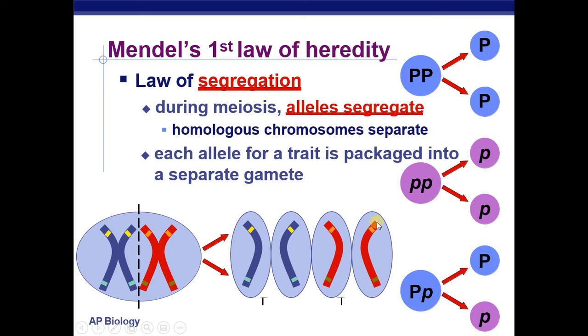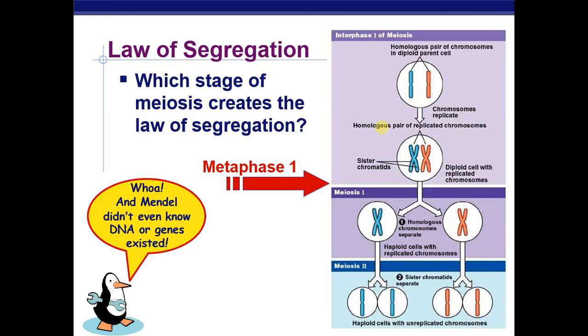Each of the daughter cells has one copy. And if these little bands represent alleles for different genes, like maybe gene 1, gene 2, each daughter cell has one allele for each gene. So alleles separate, or segregate, in gametes.